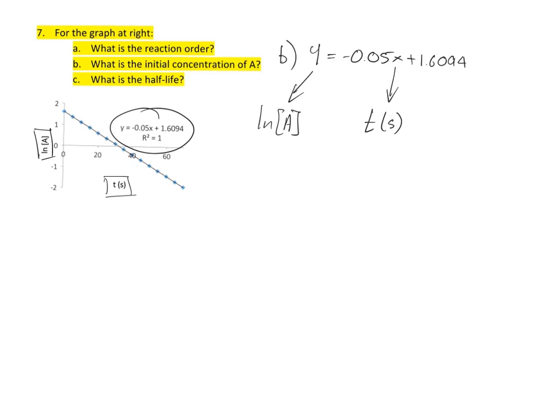So the initial concentration of A, we know, is the concentration of A that we start with, which is going to be right here. Now that occurs at t equals 0. So we're going to have to plug in 0 for t. So we have ln of A, which is how we're going to find the concentration, equals negative 0.05 t, which we are plugging in 0, plus 1.6094.